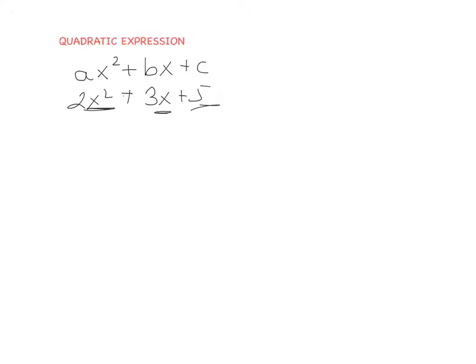And what is a quadratic equation then? An equation is when we have an equal sign, and we have a left side and a right side. So let's put ax squared plus bx plus c on the left side, and let's put 0 on the right side. This is an equation, and this is a quadratic equation.